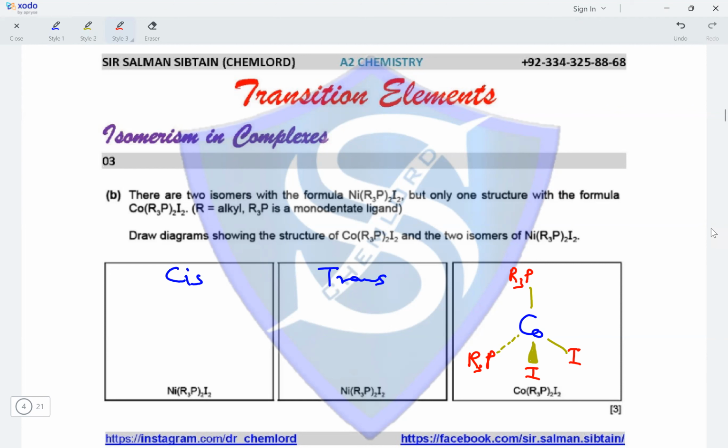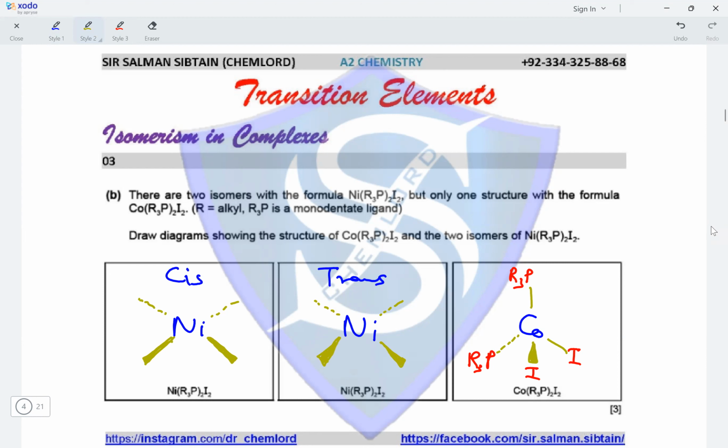Now for the complex with nickel, we've got a cis and a trans conformation for this complex. The position of binding would be diagonally left and diagonally right as drawn. This is a 3D structure, but this is how it is represented in 2D when we draw the positions of the binding of ligands. So in the cis isomer, two ligands would be placed adjacent to one another, and in the trans isomer, those same two ligands would be placed diagonally opposite to one another.